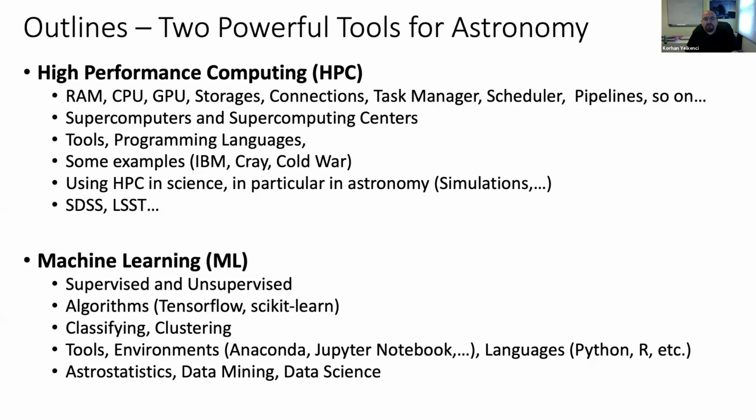We are going to do my example in Anaconda using Jupyter Notebook, and we choose Python, or you can choose R, or any other programming language for doing machine learning. And at the end, maybe we can be statistics scientists, data mining people, or data scientists.